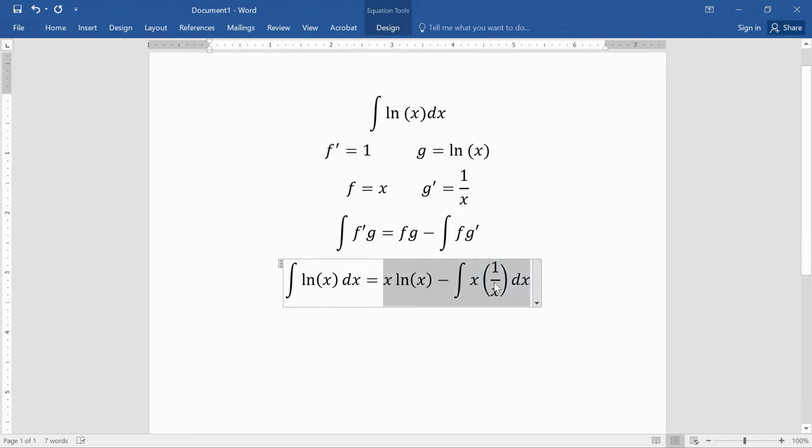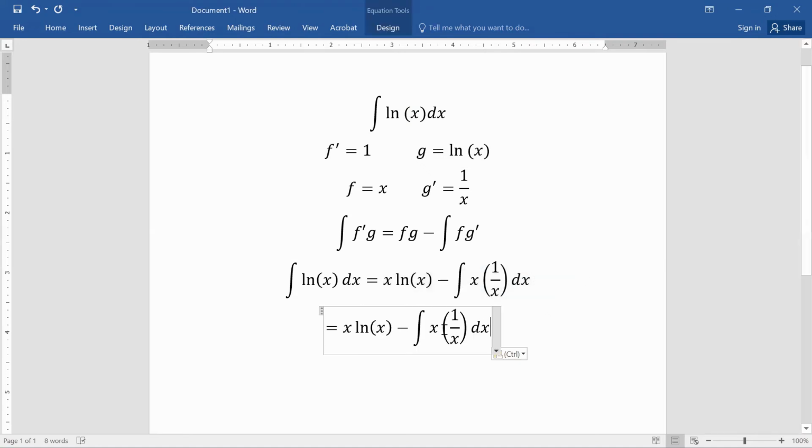Notice what this is telling me when I simplify. x times 1 over x is 1.